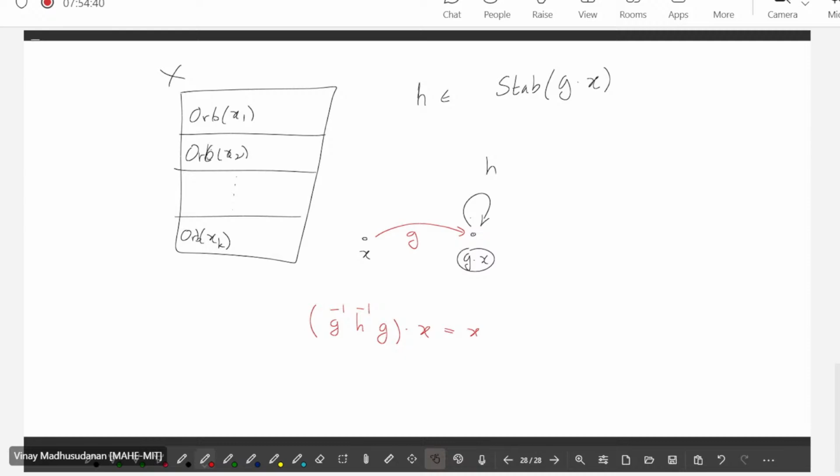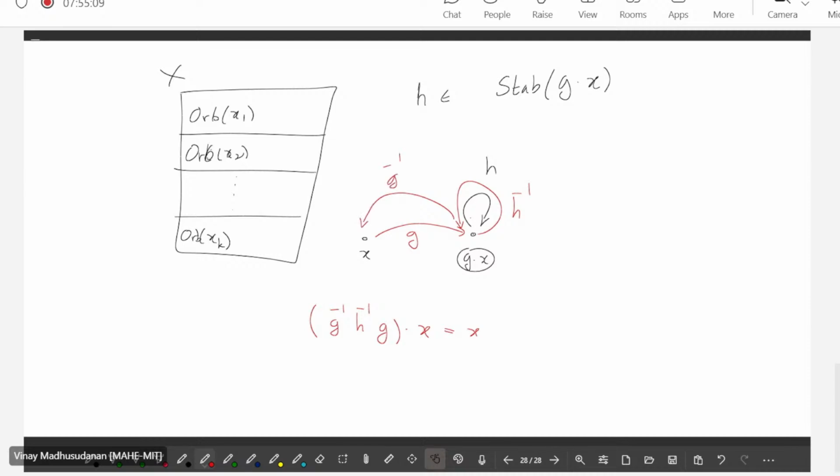Then you are applying H inverse. You might as well apply H, because anyway everything stabilizes. Okay, I know. You want to prove that directly. Fine. So if you apply H inverse, what happens? We are assuming that H is in the stabilizer, so H inverse will map it to itself. You will stay there, and then you are applying G inverse. Where does it take you?